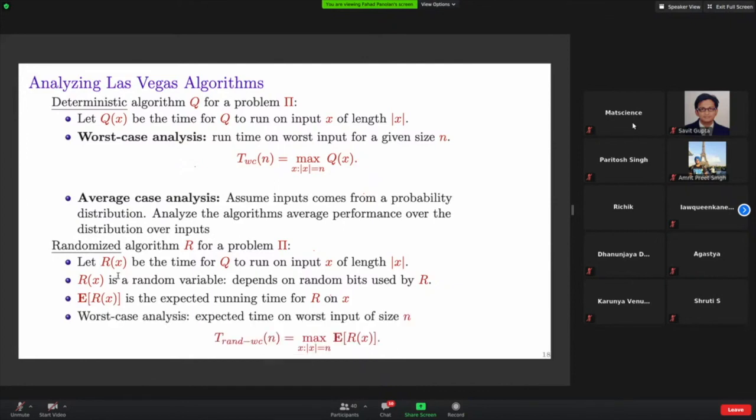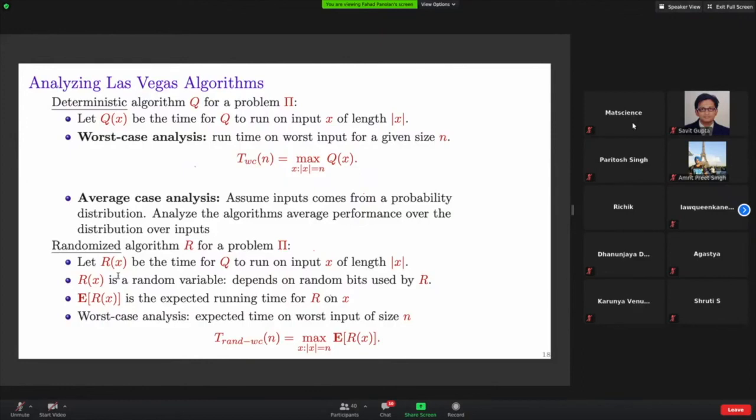Now, how do we do the worst case analysis here? We compute the expected time on the worst input of length n. That is the worst case analysis here. So which means that T of n is equal to the maximum expected running time over the inputs of length n. Are the definitions clear?